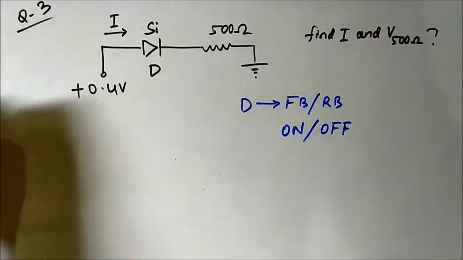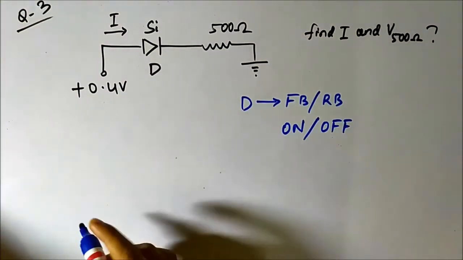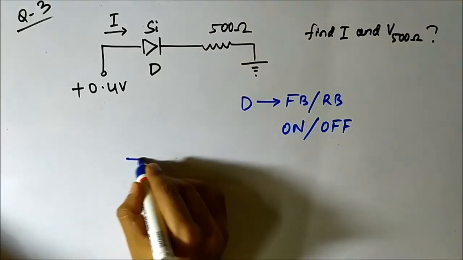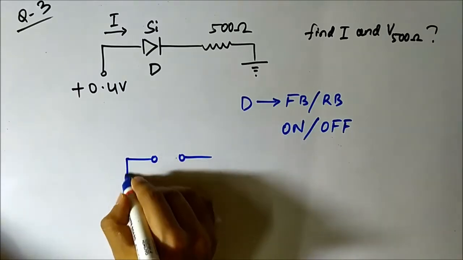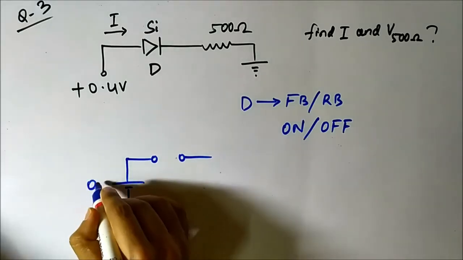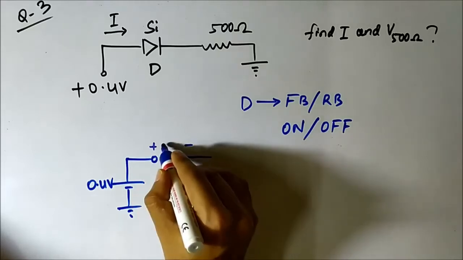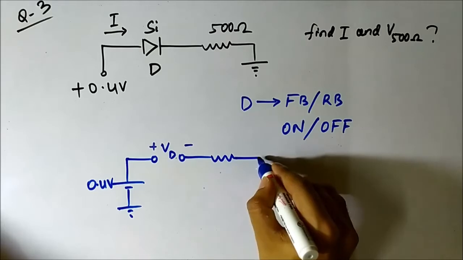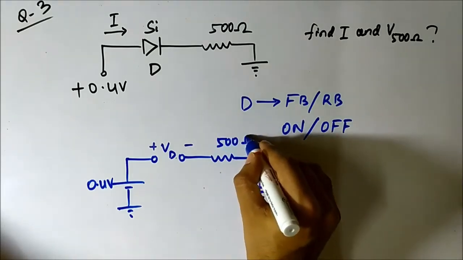So the first method is by assuming that the diode is off or open circuit. 0.4 volt, plus minus Vd, and 500 ohm resistance.